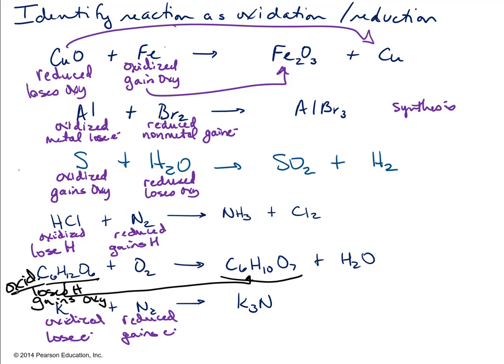And what did I tell you about oxygen? If oxygen is a reactant, it is always reduced, always. Okay? So, rule of thumb, remember? It's because the oxygen provides the source of oxygen to oxidize something else.